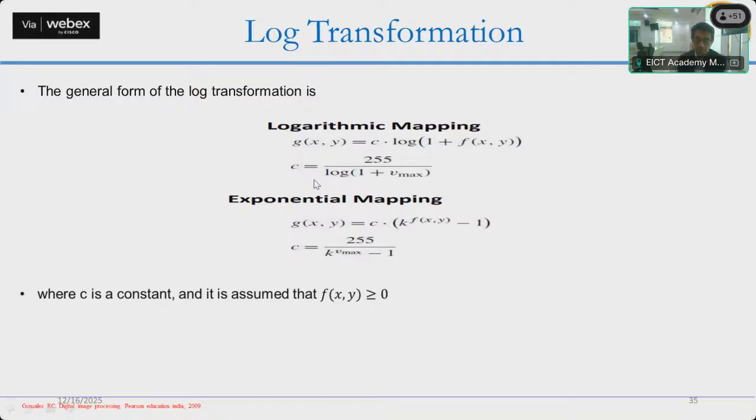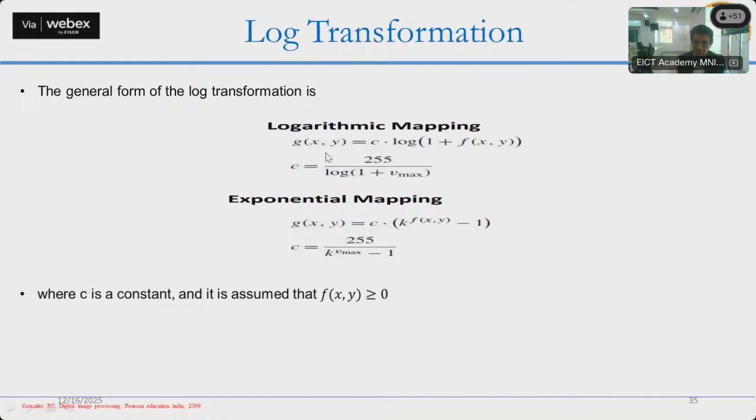Now coming to part C, another type of image enhancement operation, the general form of the log transformation. What do we mean by the general log transformation? What common thing you will note in these algorithms is that the initial f(x,y) is operated on with some operation, and then finally we get the output pixel value.